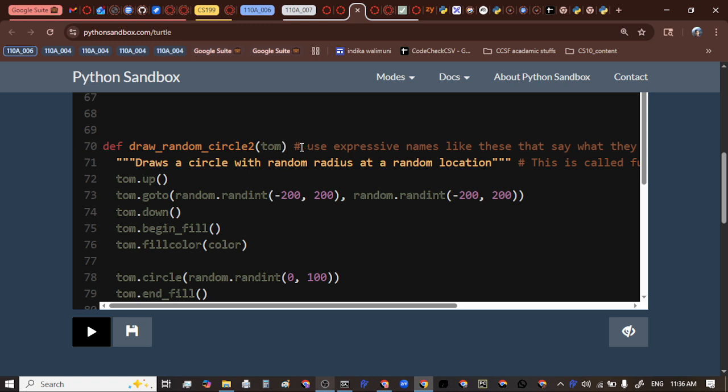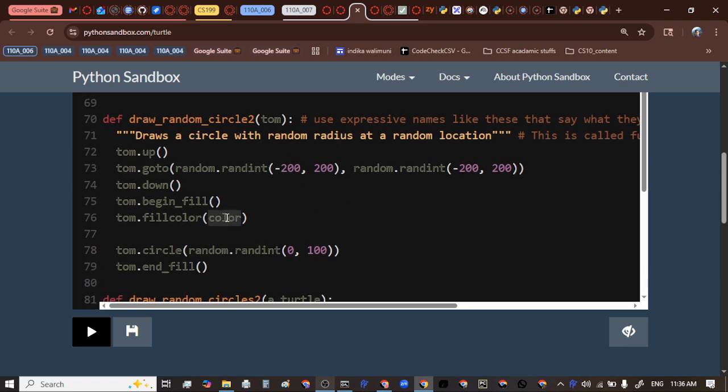Because we are going to generate the color inside. So instead of this, what do we have to do for the color? It should be RGB, three values, right? So for this we're gonna use random dot randint, right? So the red value is going to be 0 to 255, right?